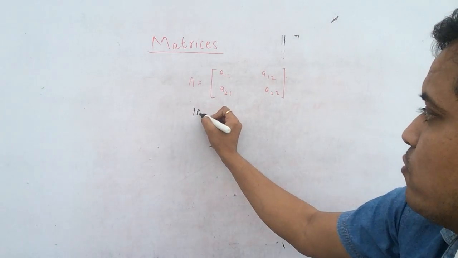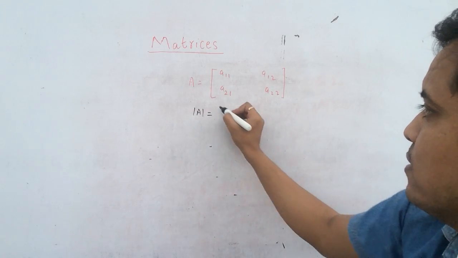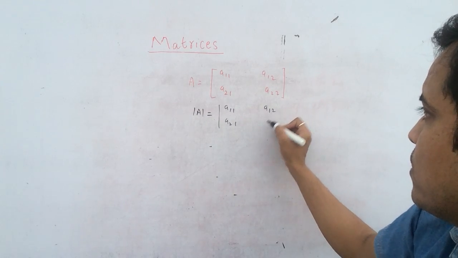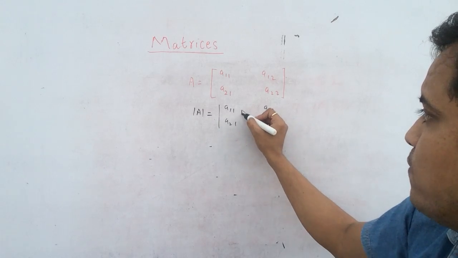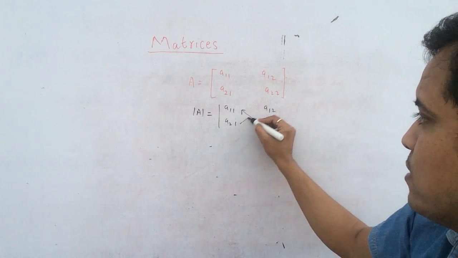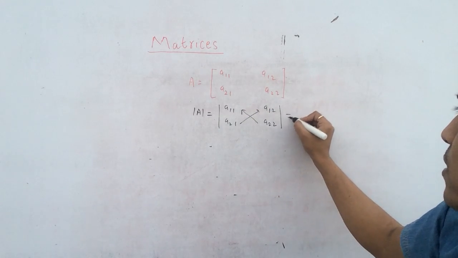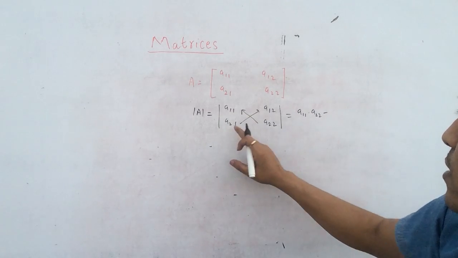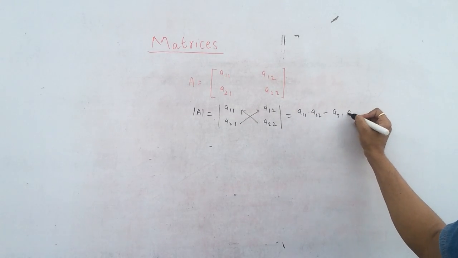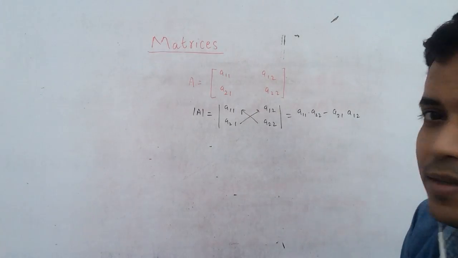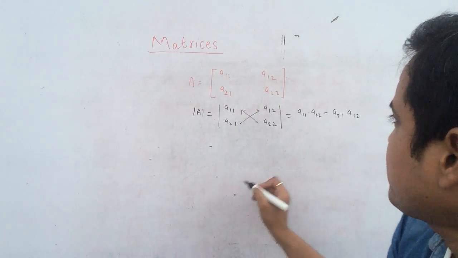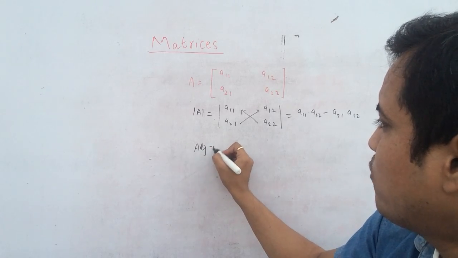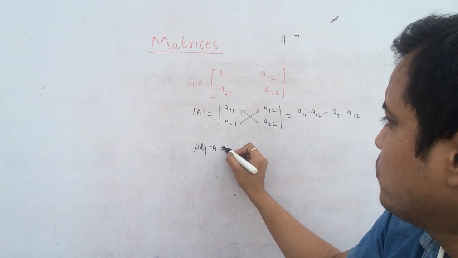How would you find the determinant of A? Left cross minus right cross: A11 into A22 minus A21 into A12. And how would you find the adjoint of A?